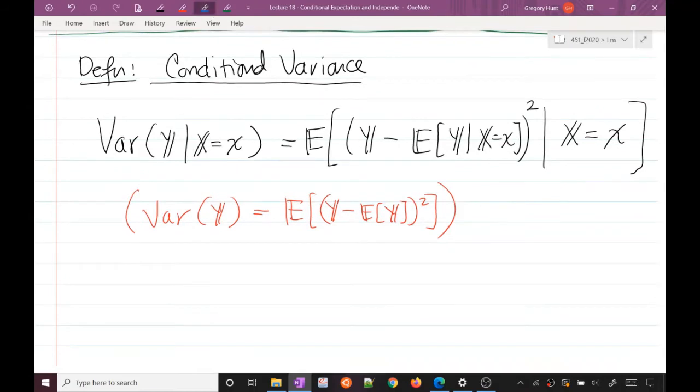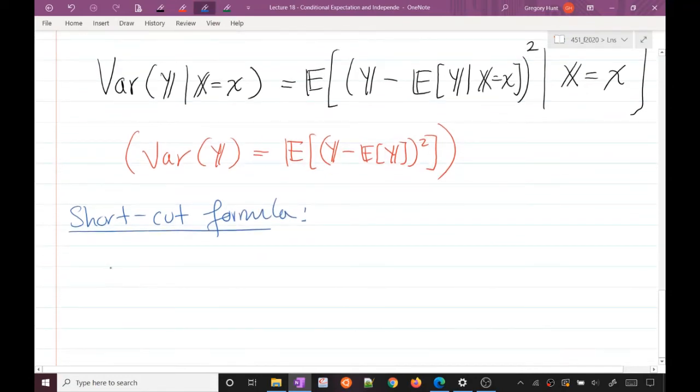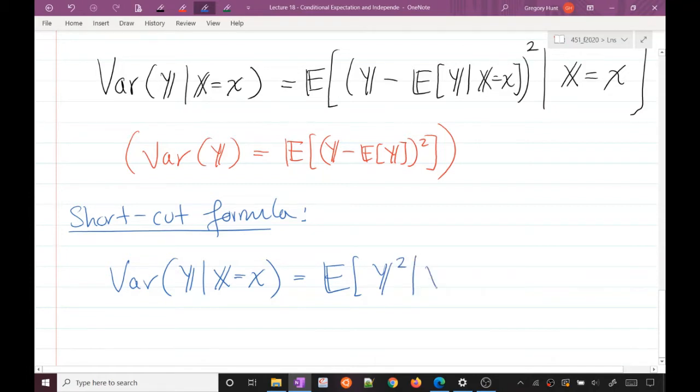There is very nicely a shortcut formula. So you don't actually have to calculate that out, and I bet you can guess what the shortcut formula is: the conditional variance of y given x is the second moment of y given x minus the first moment of y given x, quantity squared.